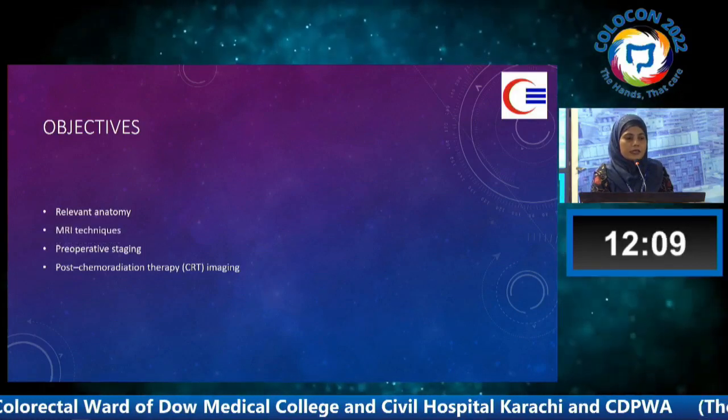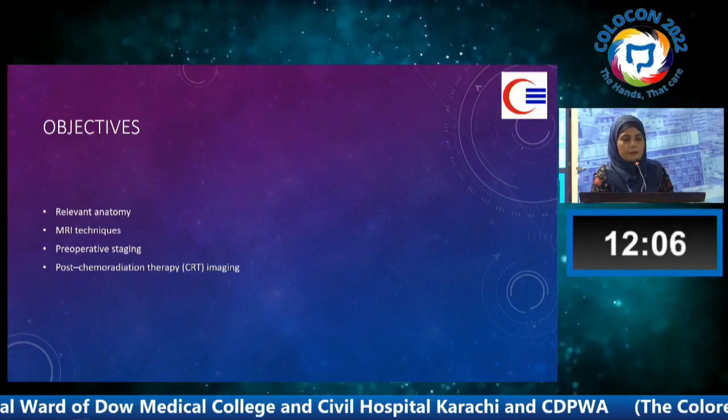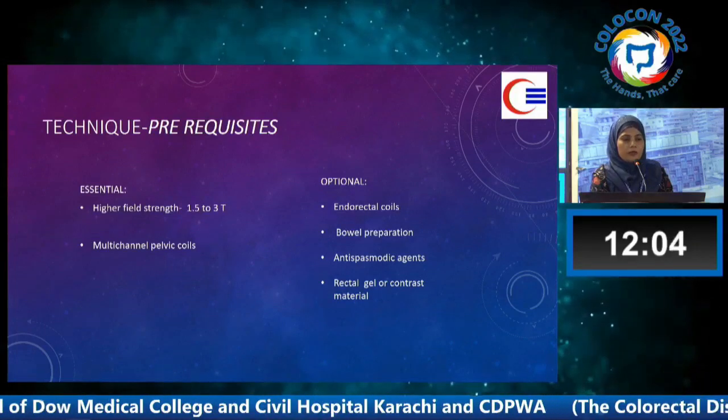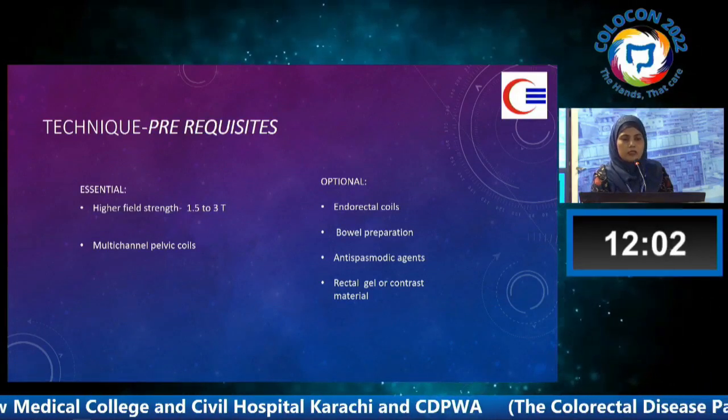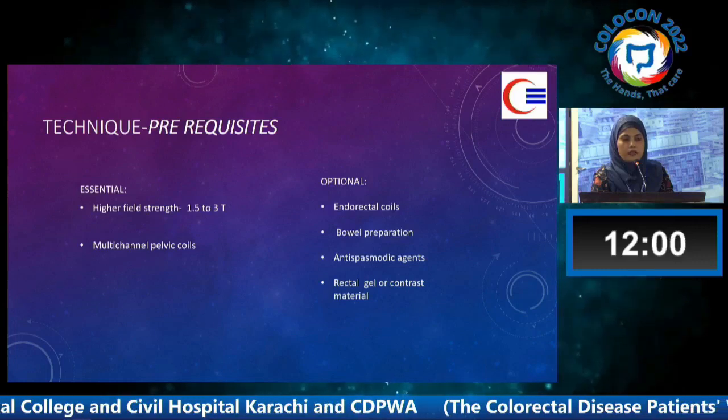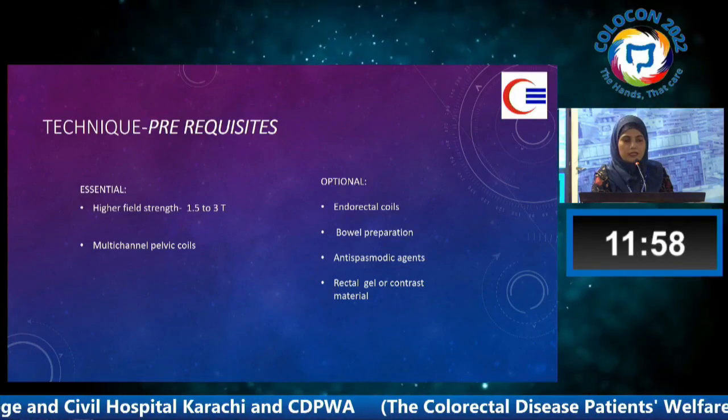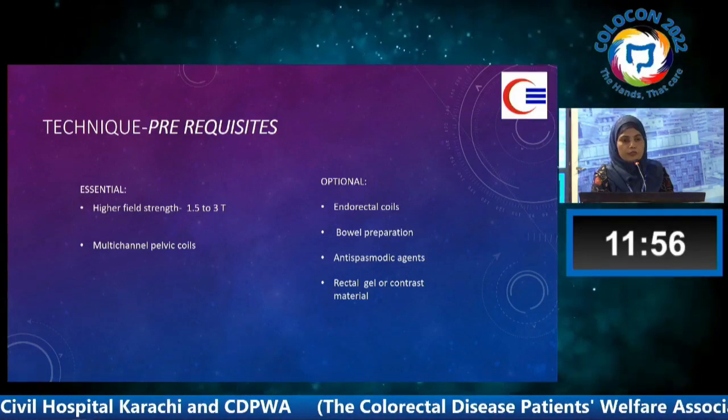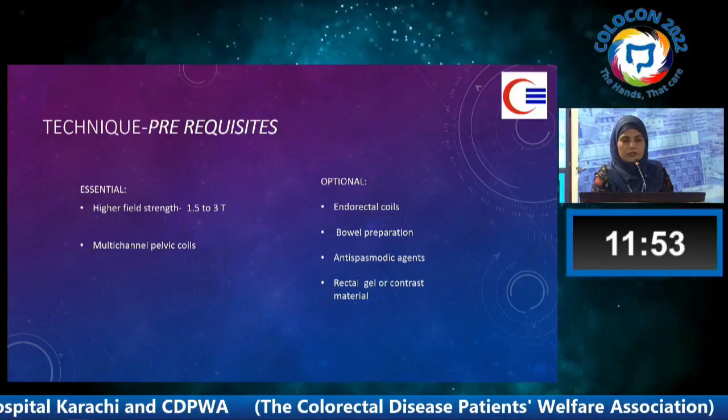Then comes the second objective, which is MR technique. For performing MR in CA rectum, it is important that a high field Tesla magnet is selected. 1.5 to 3 Tesla is sufficient for rectal cancer staging.